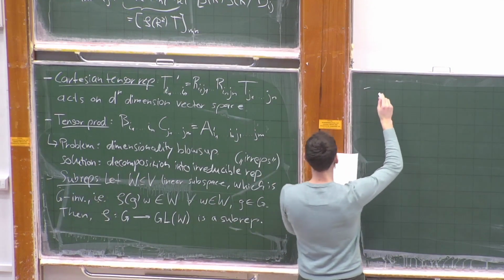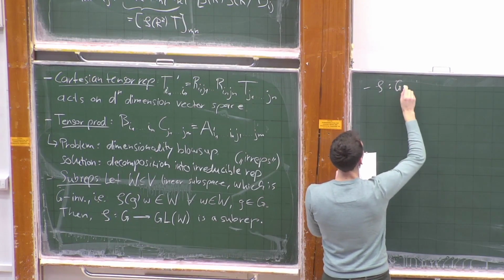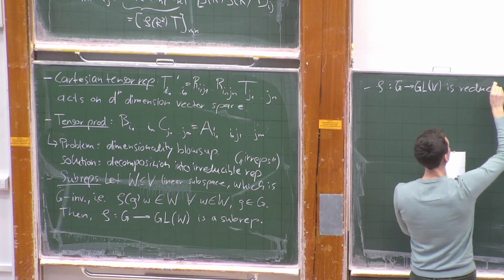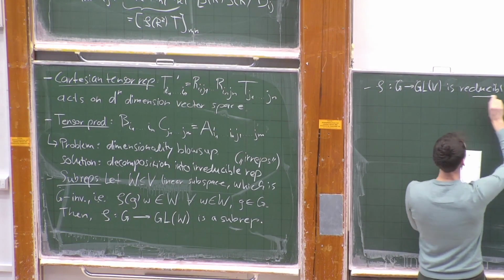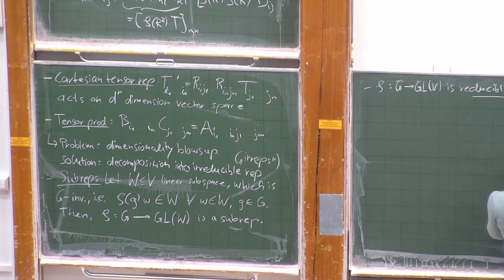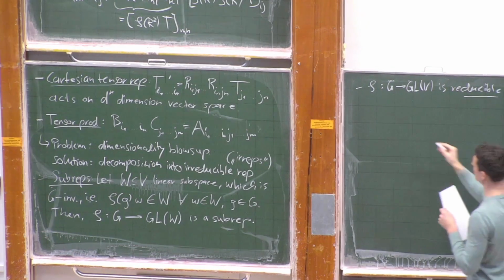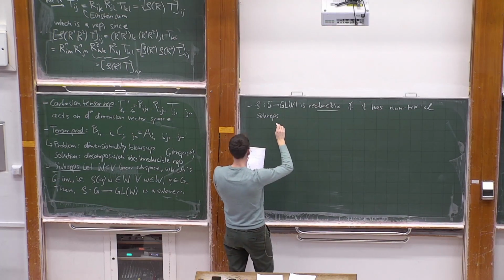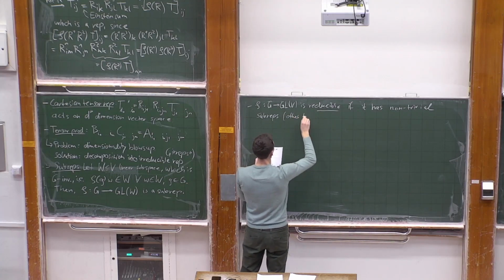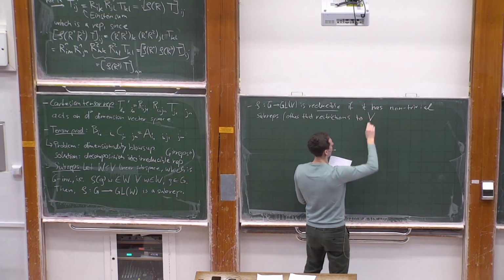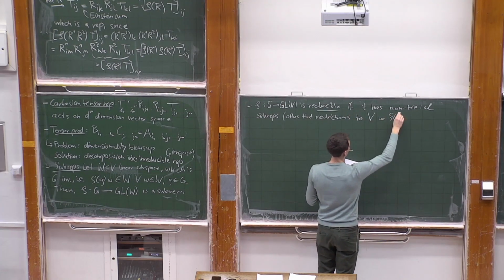Namely, a representation is reducible if it has non-trivial subreps, and non-trivial subreps are subreps other than restrictions to the full vector space or just the null space.